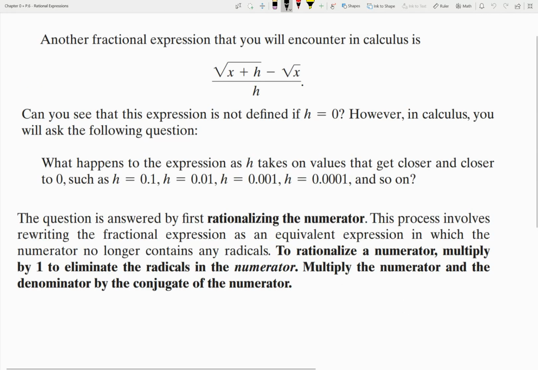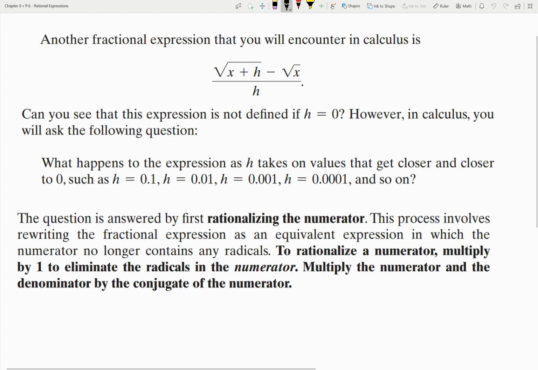Let's finish by looking at, again, an expression here with these x's and with these h's. These things, again, come from something called a difference quotient. And so you can see that this expression is not defined if h is equal to 0. However, later in calculus, you might ask the following question: what happens to the expression as h takes on values that get closer and closer to 0?